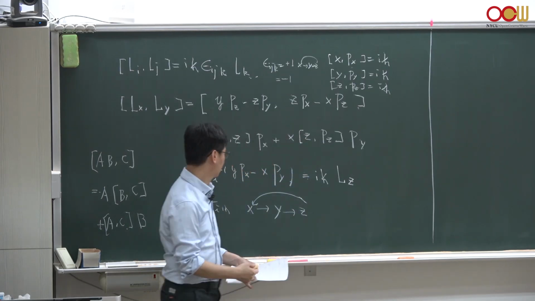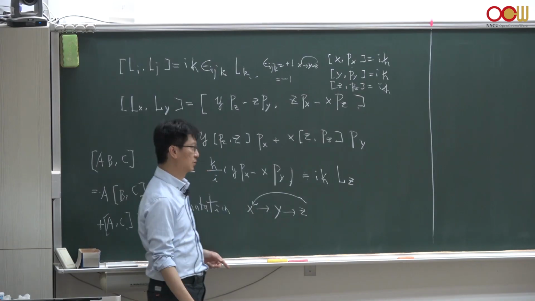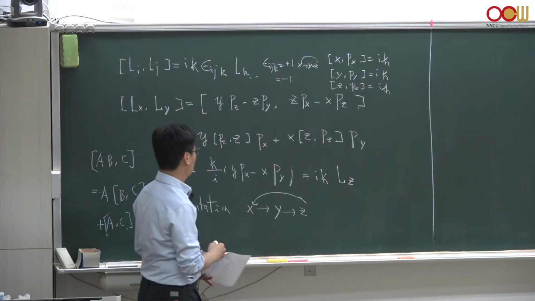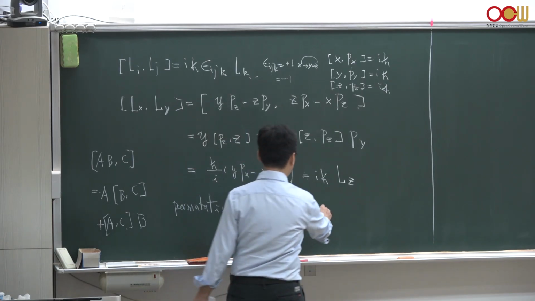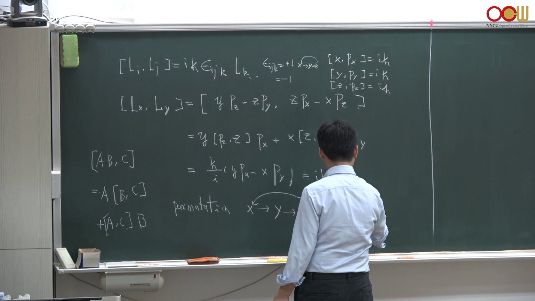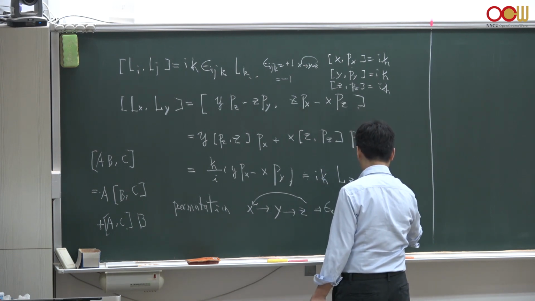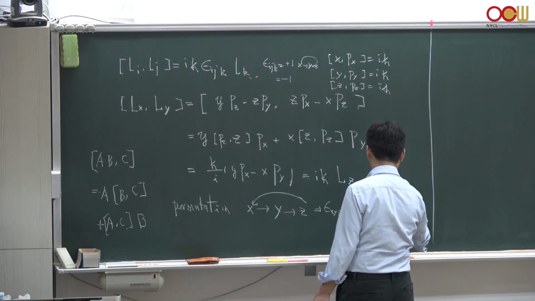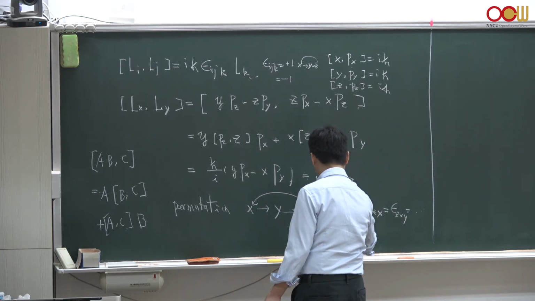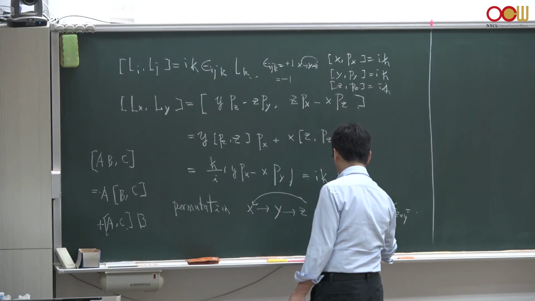This is some kind of counterclockwise rotation, right? Or permutation. Which means that epsilon xyz is 1, which is epsilon yzx, which is epsilon zxy, and so on. And epsilon xzy is actually minus 1.